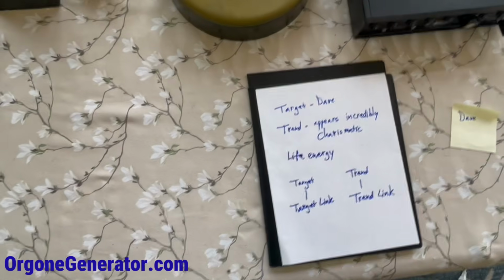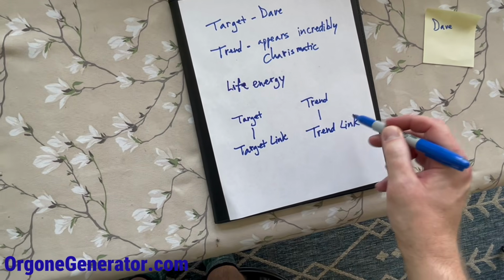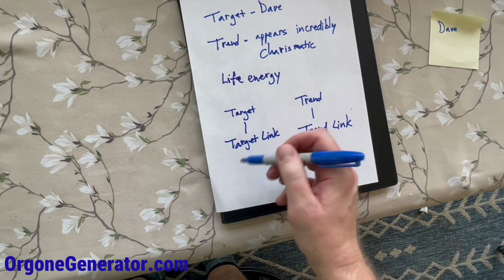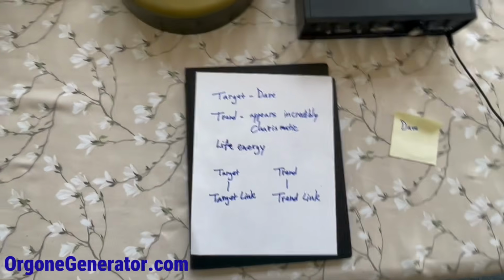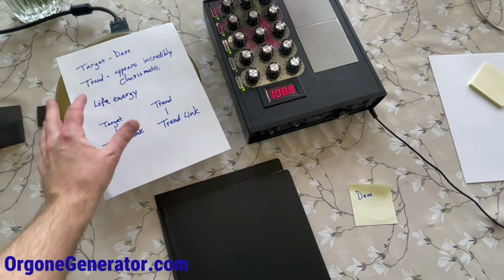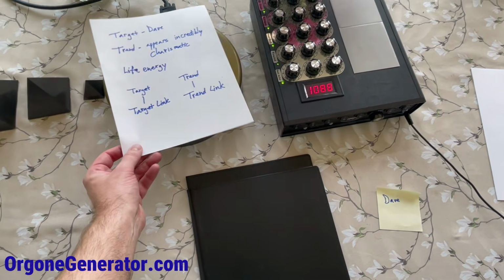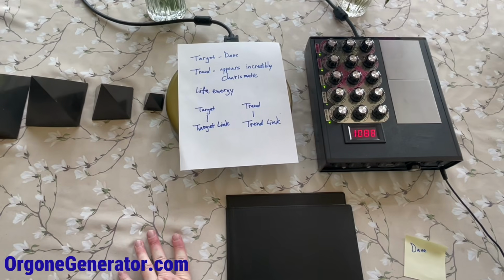Then how do you stimulate it? Basically you've got your target link and your trend link, and then life energy. You put them in your generator, and your generator energizes those by creating a field of life energy. A field of life energy colored with those trends.